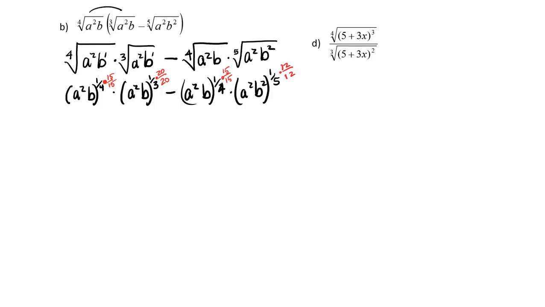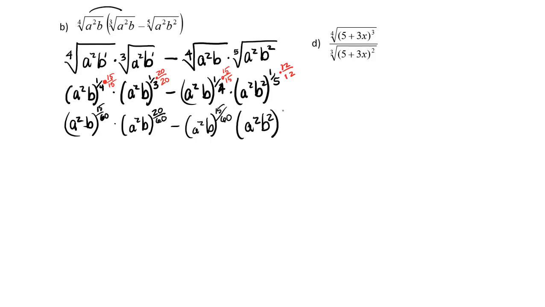This will give me a lot of work. A squared b raised to the 15 over 60 times a squared b raised to the 20 over 60 minus a squared b raised to the 15 over 60 times a squared b squared raised to the 12 over 60. Now these all have the same index. It's 60.